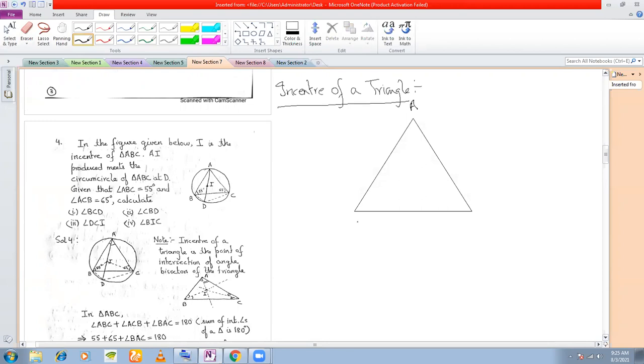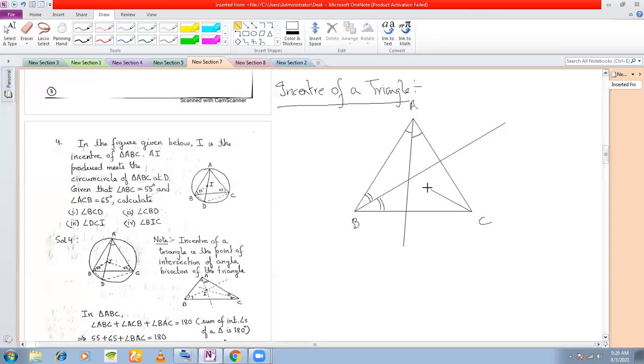So if you have triangle ABC, and what I do is I draw bisectors of each of the angles of this triangle. I draw the bisector of angle A. If this is a bisector, this angle must be equal to this angle. I draw the bisector of angle B. In this case, these two angles must be equal.